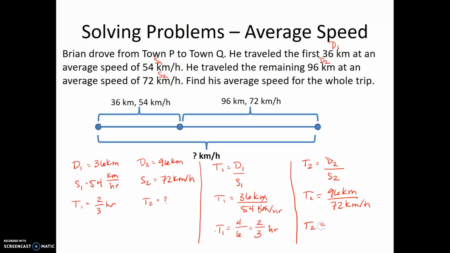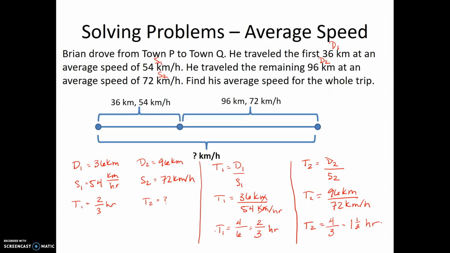So time 2, let's divide both of those by 24. So 96 divided by 24 is going to be 4. 72 divided by 24 is going to be 3. And we'll make that into a mixed number, so 1 1/3 hours.